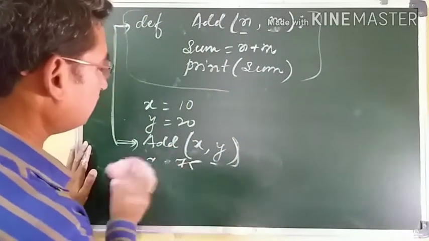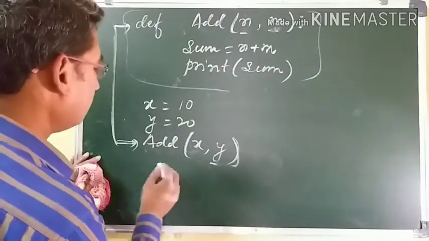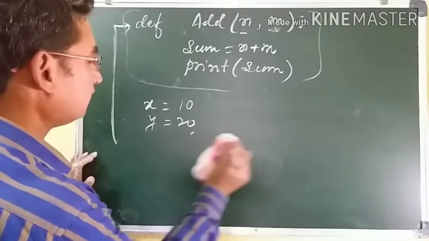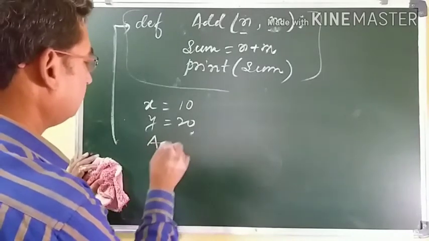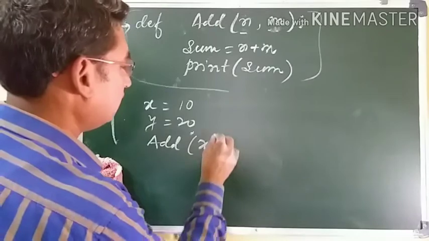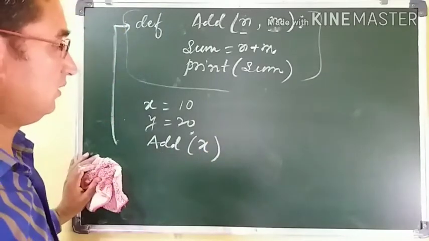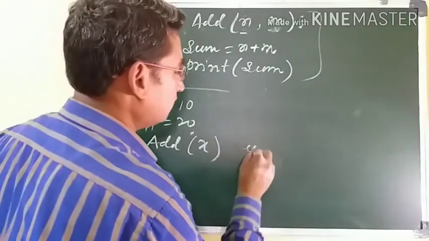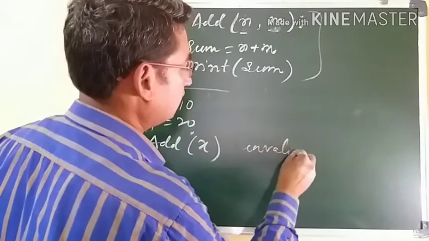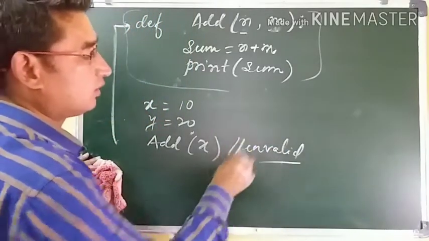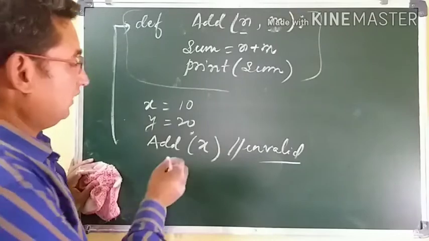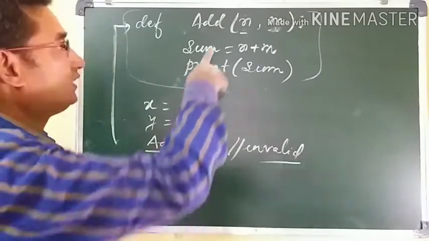But if you call this function like this, add with only one parameter, then it is invalid. It is an invalid call, because the function add is defined with two parameters.